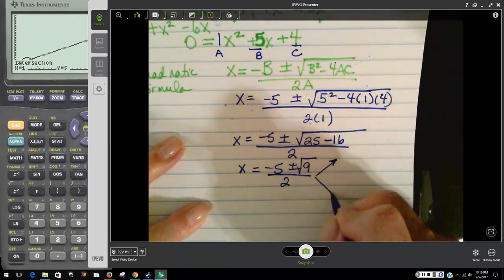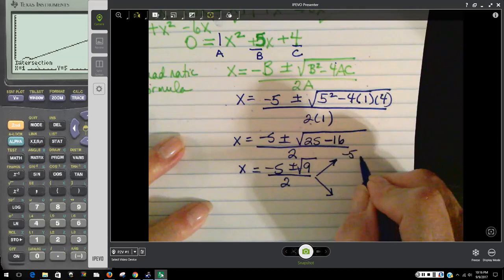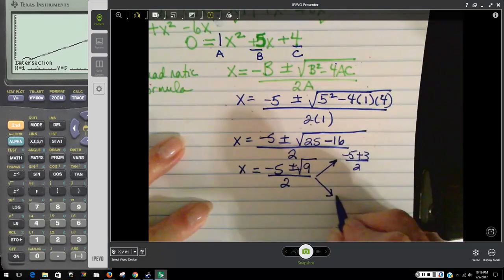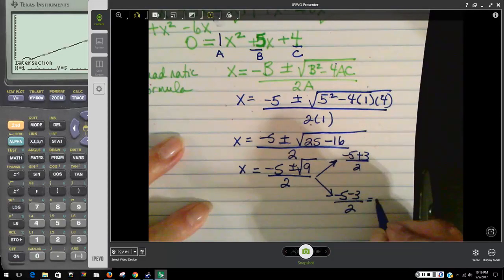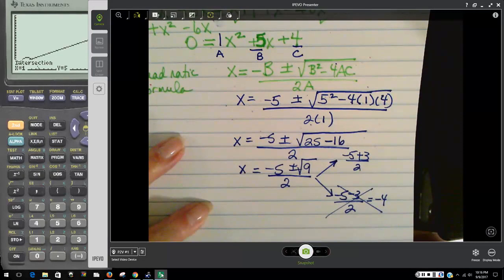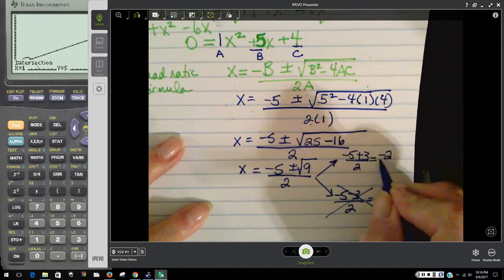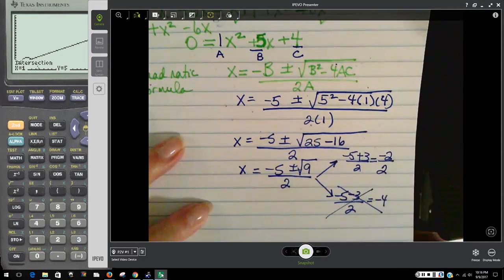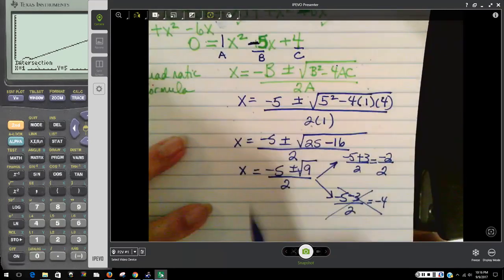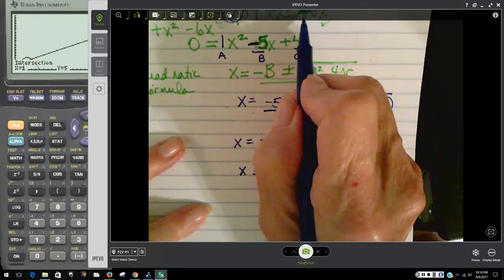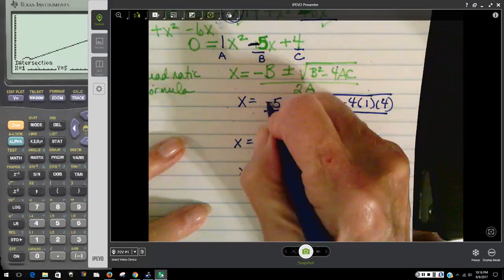And since it's plus or minus, this is going to be negative 5 plus 3 over 2, and negative 5 minus 3 over 2. That's going to be negative 8 over 2 or negative 4. Not a good answer because you can't have negative numbers of widgets. So negative 5 plus 3 is negative 2 over 2. And obviously I have made an error somewhere. That's because the 5 was supposed to be negative. x minus 6x is negative 5x. So that's actually positive 5, positive 5, positive 5.